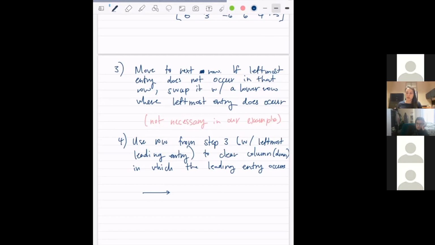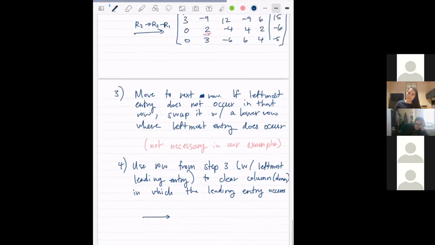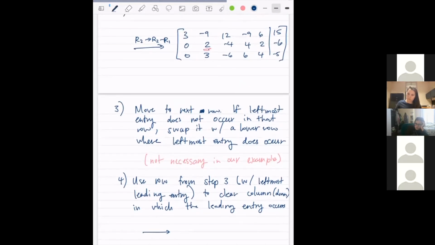When you put it in echelon form, then you use those to clear what you need to, right? So you can clear more than one column per row, right? Even if you're in reduced echelon form, you can continue to clear columns and push everything further and further, right?